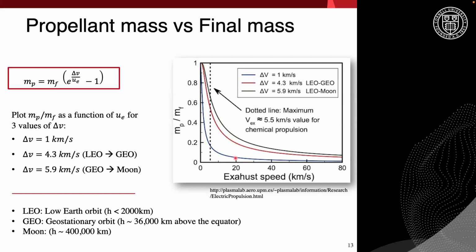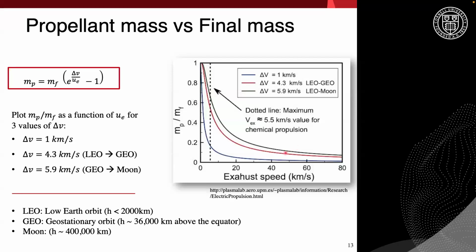But the trend that we want to observe here is this exponential decrease. And this dashed line here represents the maximum value, 5.5 kilometers per second, which is the maximum value for chemical propulsion. So all chemical propulsion systems operate in this range here, which is the range of very high consumption of fuel. Electric propulsion, however, operates in this range here with exhaust speeds of the order of 50 kilometers per second.